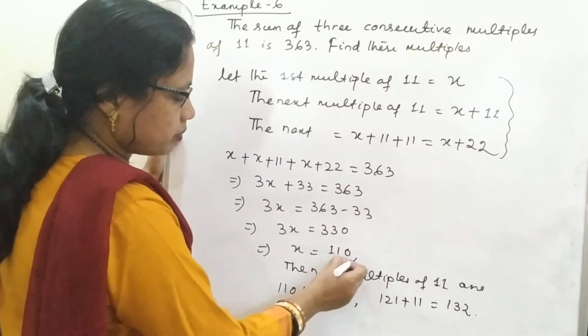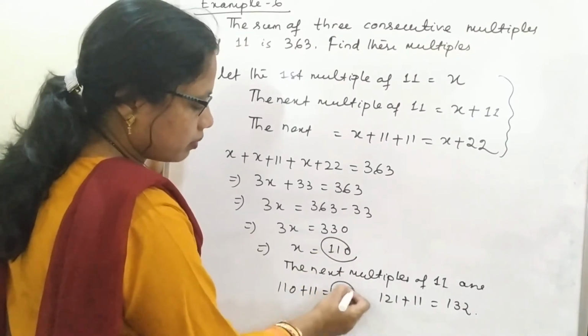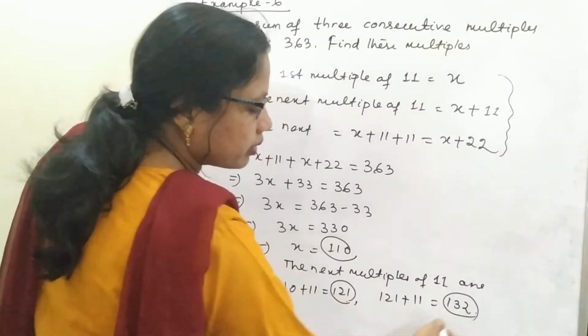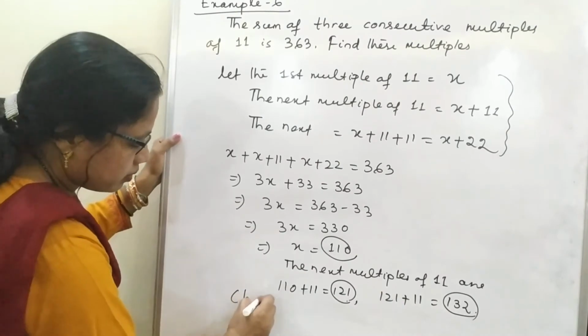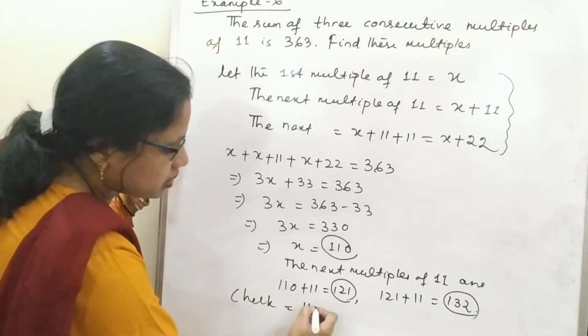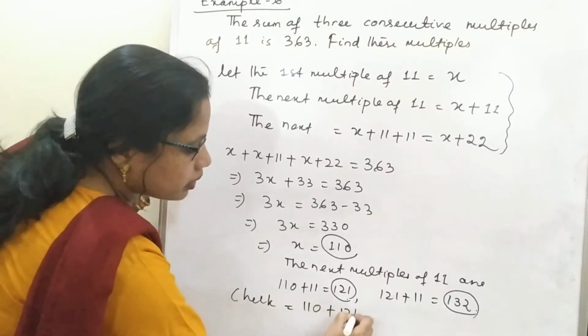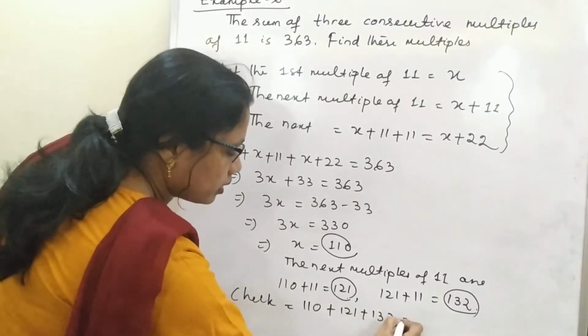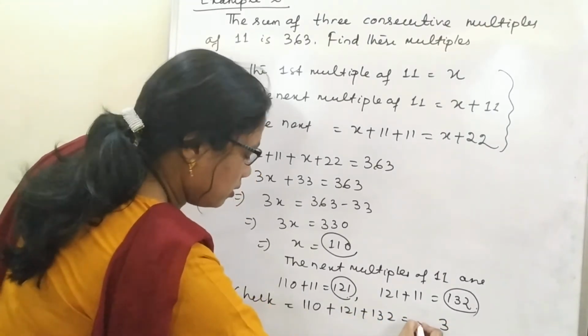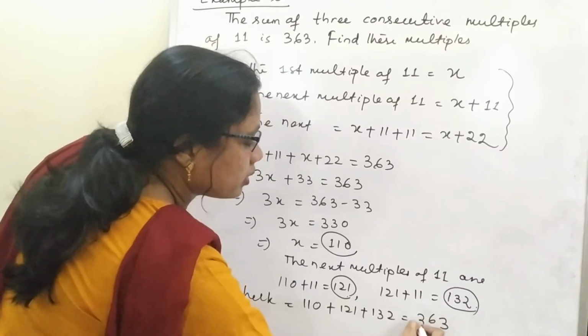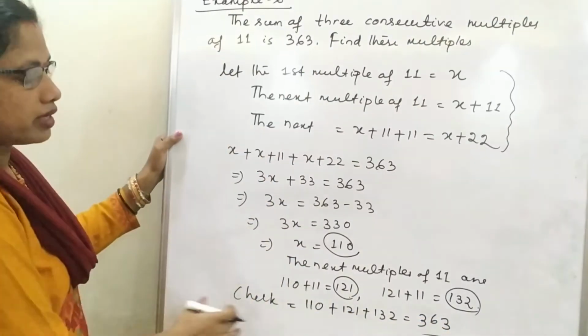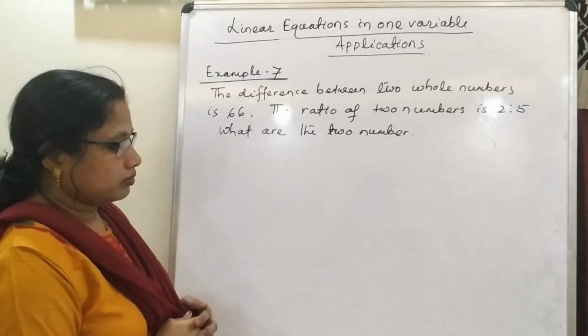So these 3 multiples are 110, 121 and 132. Then check whether their sum is 110 plus 121 plus 132. Their sum is 363. So it is given that their sum is 363.